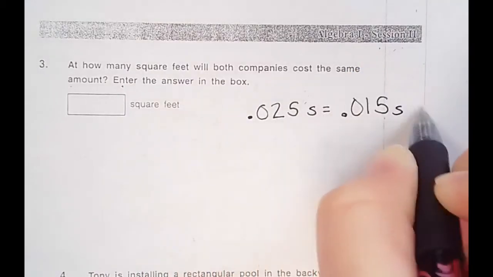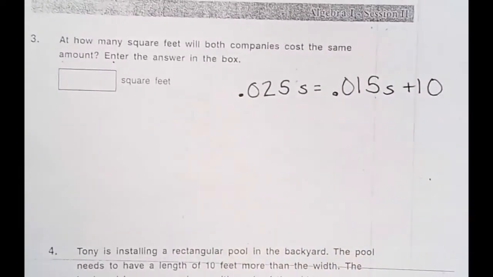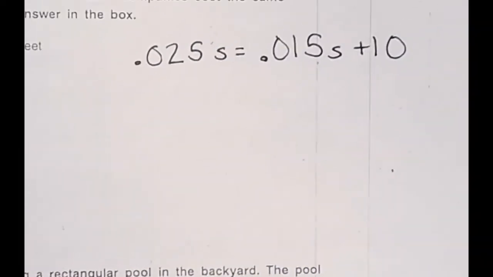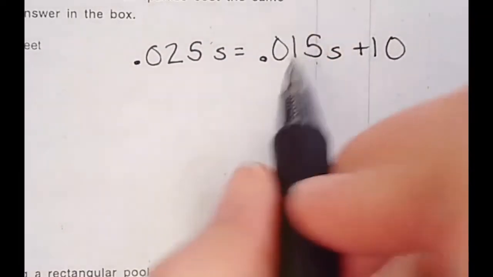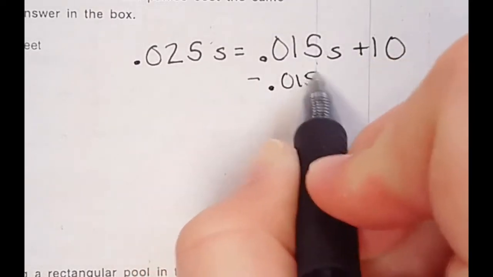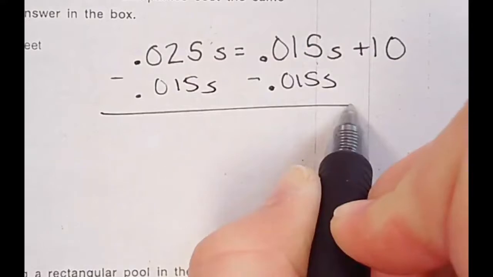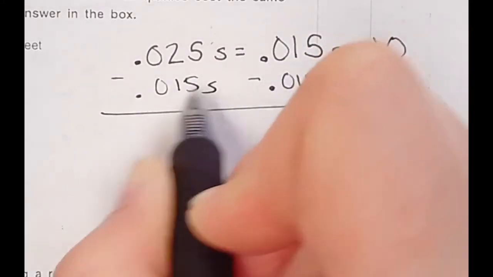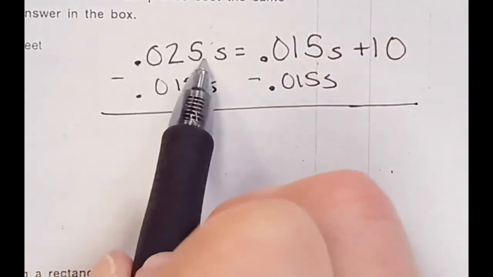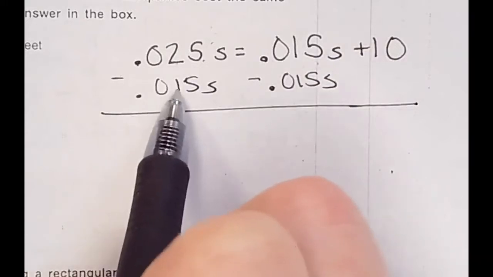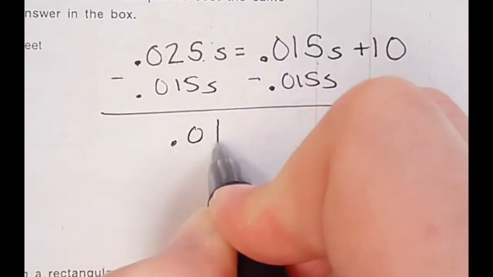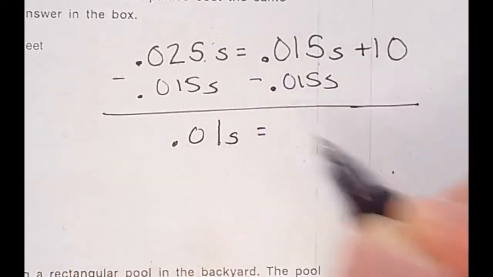I'm going to get my s's on the same side, so minus 0.015s on both sides. I'm balancing my equation. On the left side, 0.025 minus 0.015 is 0.01s. On the right side, my s's cancel each other out, and I'm left with 10.